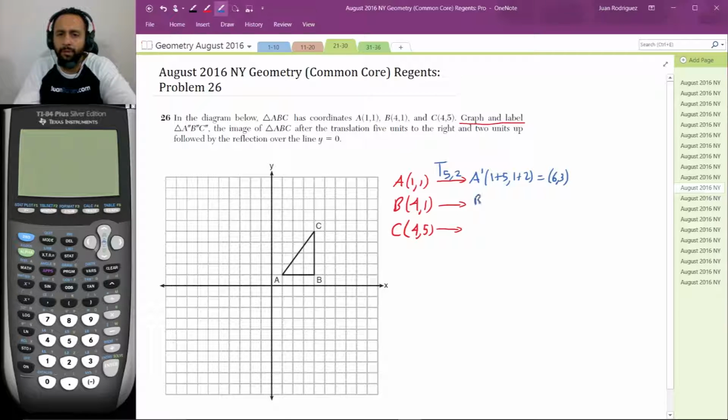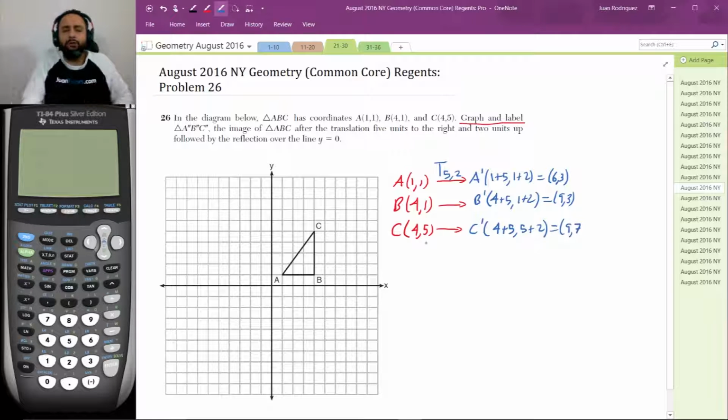And then B prime, let's see, 4 plus 5, and then 1 plus 2 equals (9,3). And then C prime, let's see, 4 plus 5, comma, and then 5 plus 2 equals (9,7).